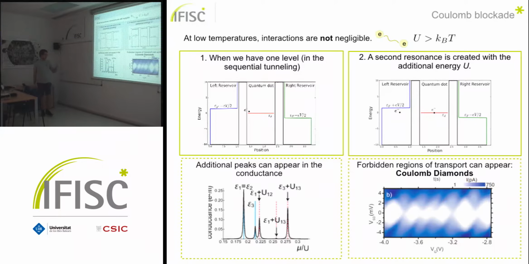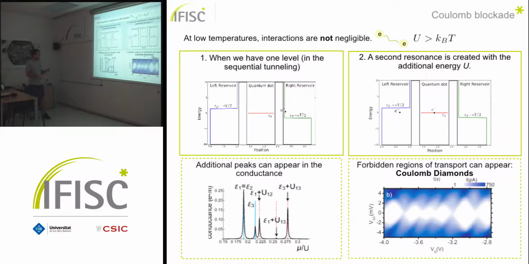Experimentally, we can find it in the electrical conductance. If we have one level, the Coulomb blockade signature is different resonances, located at different positions that are the energy level plus the Coulomb blockade energy.